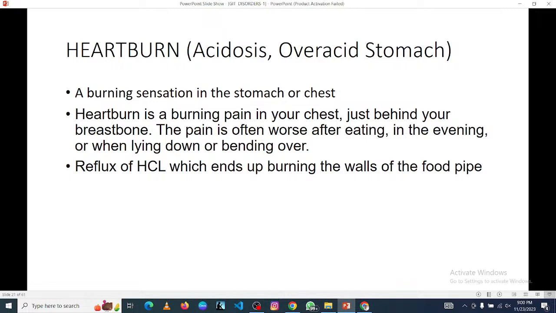So we'll continue to heartburn. I'll make my own thoughts on these particular disorders that we've discussed, and I'll share them to the group. We continue to heartburn.